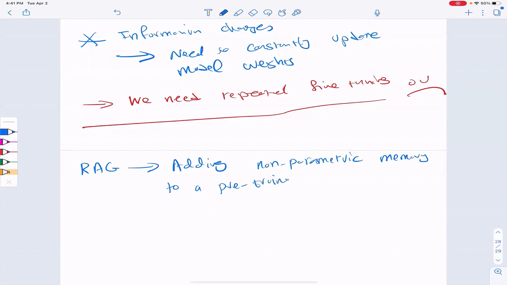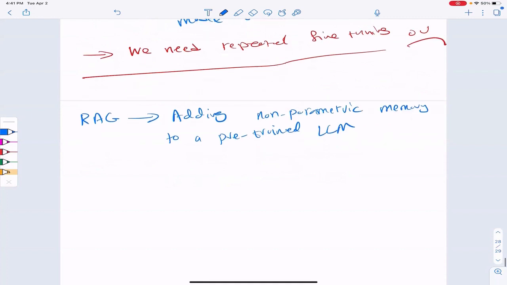So let's look at the different parts of RAG: retrieval, augmented, generation. There are basically three steps: retrieve, augment, generate.